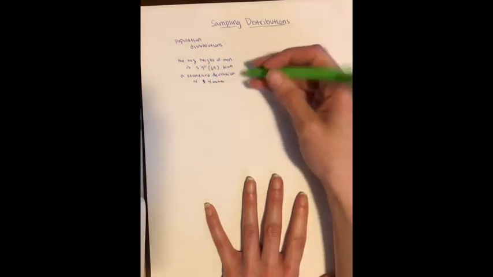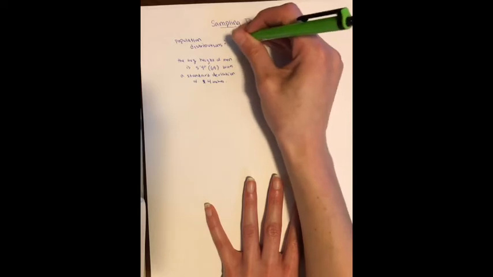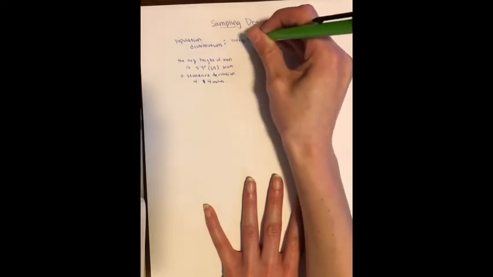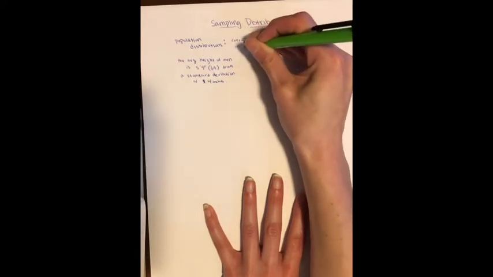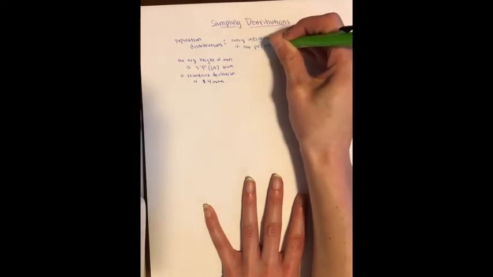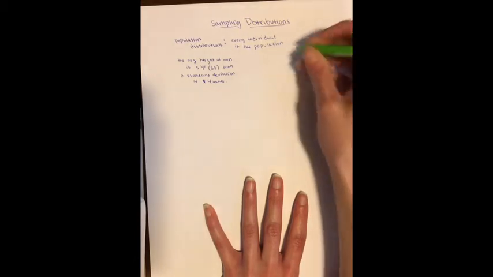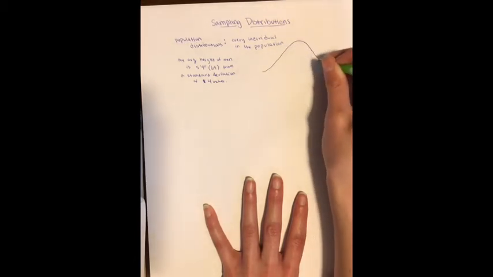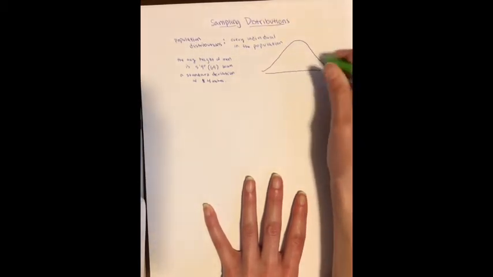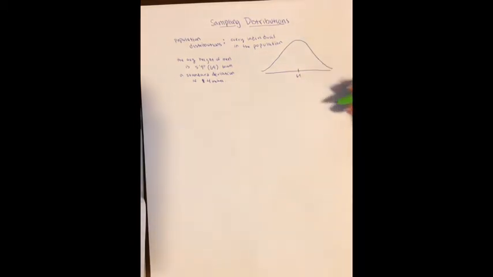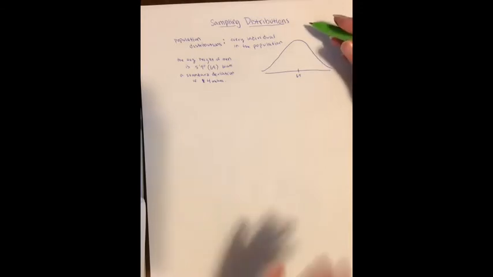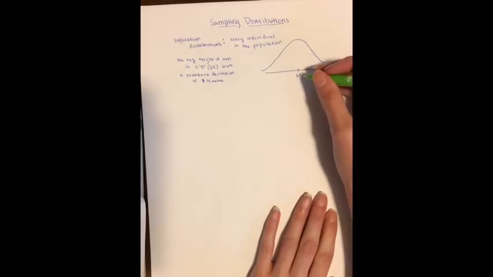All right, population distributions represent every individual in the population. Every individual is represented on this curve, right? So we're looking at this curve, and in the middle, we see that the average is 69 inches, so most individuals will be 69 inches tall, 5'9", but there will be some variation.